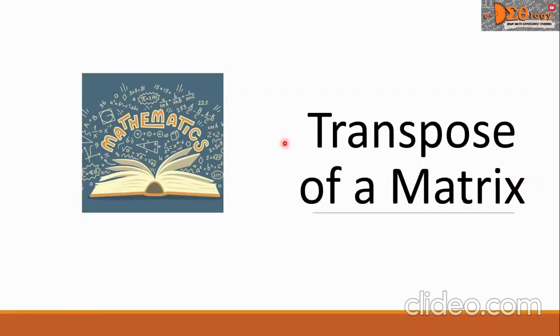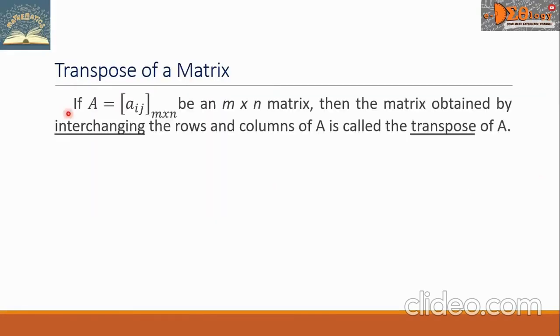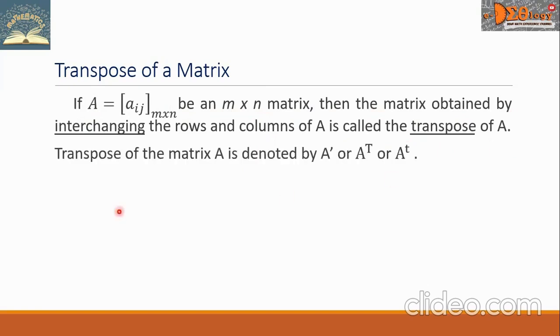Today, we're going to study transpose of a matrix. If capital A be an M by N matrix, then the matrix obtained by interchanging the rows and columns of capital A is called the transpose of A. Transpose of the matrix A is denoted by A apostrophe, or A with exponent capital T, or A with exponent small t.